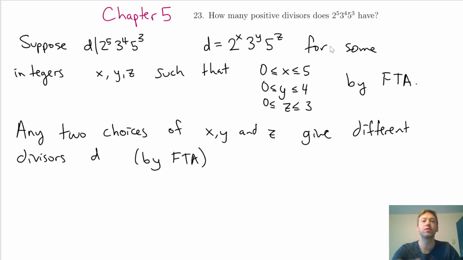If I make a different choice of x, y, and z, it can't give me the same number, because then you'd have a number that has two different prime factorizations, but that's not possible.